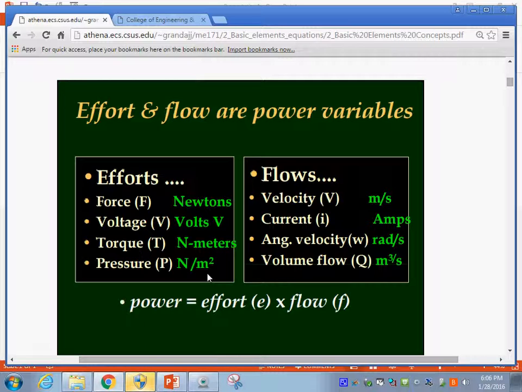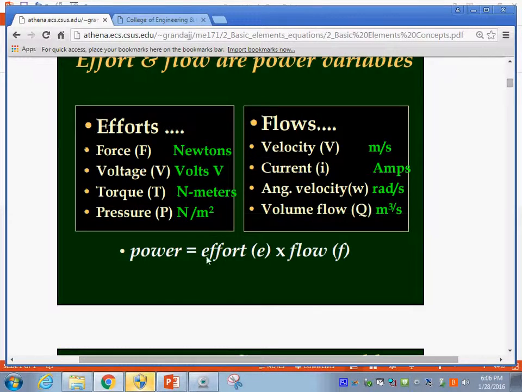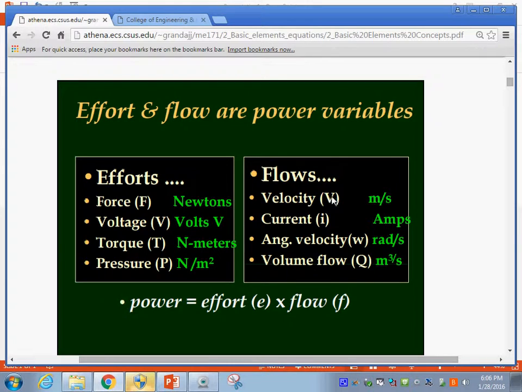So in here you have the situation where the product of these variables times these variables is always power. So the product of newtons times meters per second is joules per second. Volts times amps is joules per second.